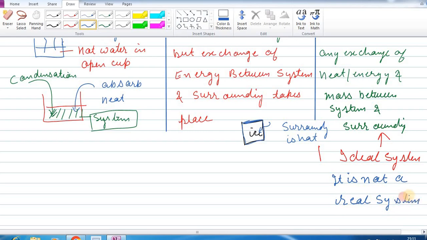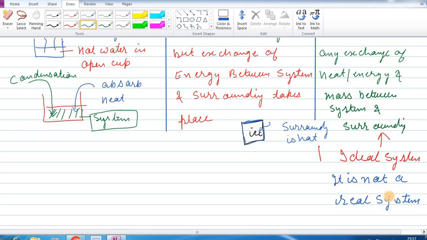And because we haven't developed a container that can prohibit the exchange of energy. There will always be exchange of energy. You cannot stop energy from being exchanged between two things. Even we have exchange of energy between two planets, between sun and moon, sun and another planet.